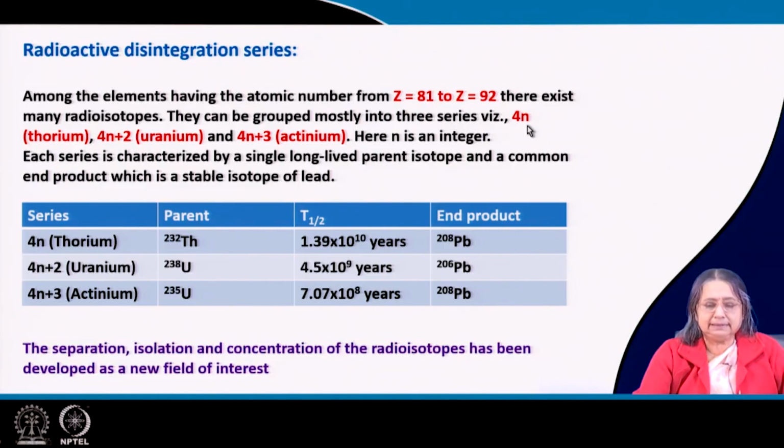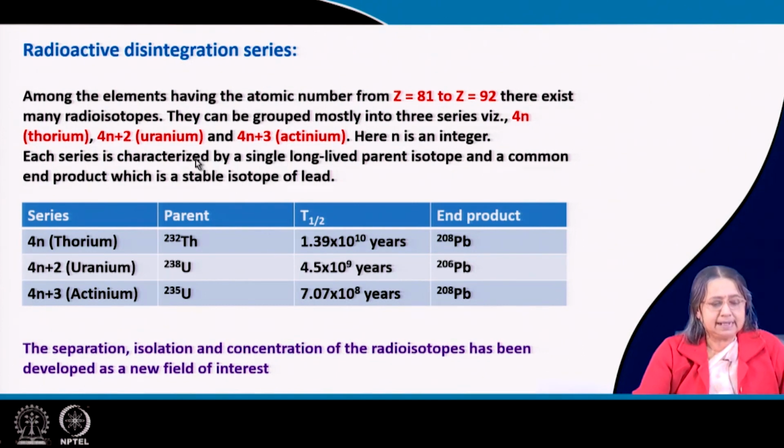One series is defined by thorium, that is the 4N series, another is 4N plus 2, that is the uranium series, and the third one is 4N plus 3, that is the actinium series. Here it is shown: 4N thorium, 4N plus 2 uranium, and 4N plus 3 actinium. Now, what is the speciality? Here N is an integer, obviously.